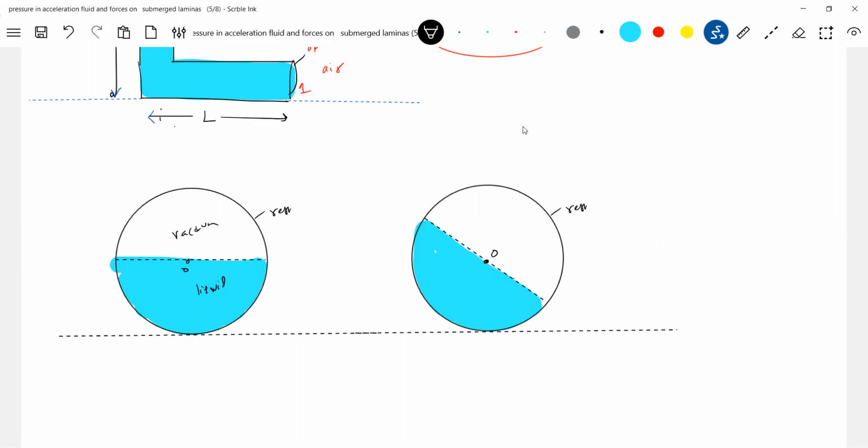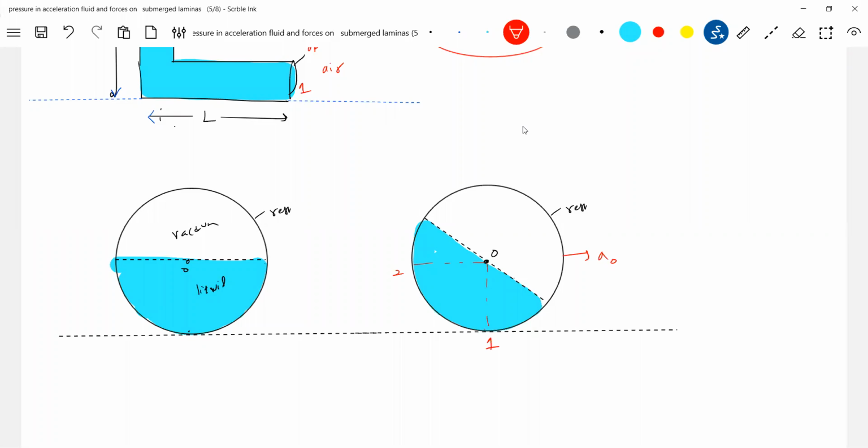I think through a diagram only it will be on the safer side. What do you expect for pressure? Where will it be more, at 1 or 2? So let it have acceleration A naught.